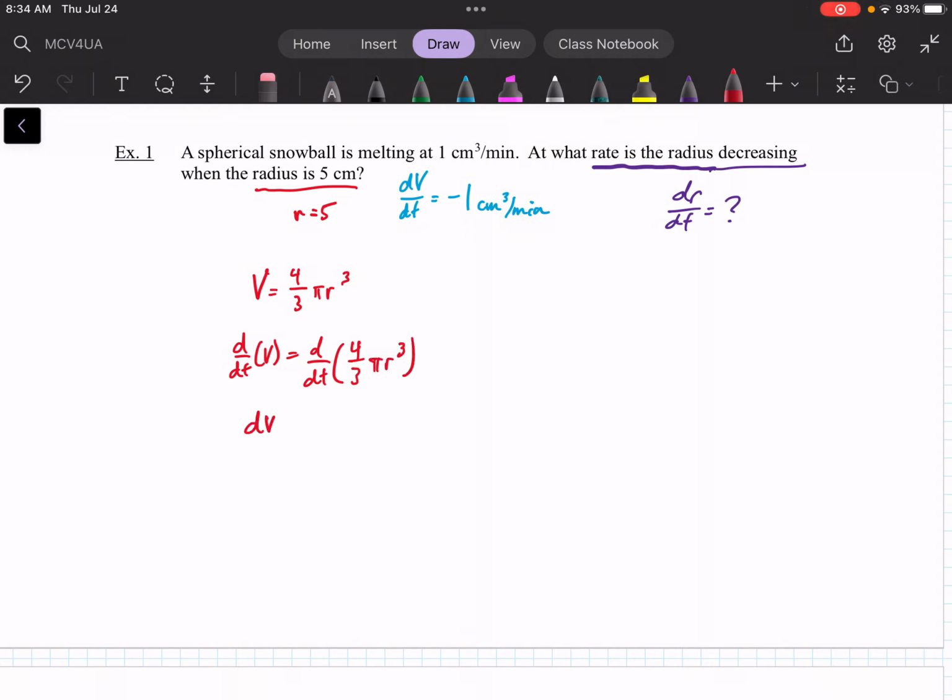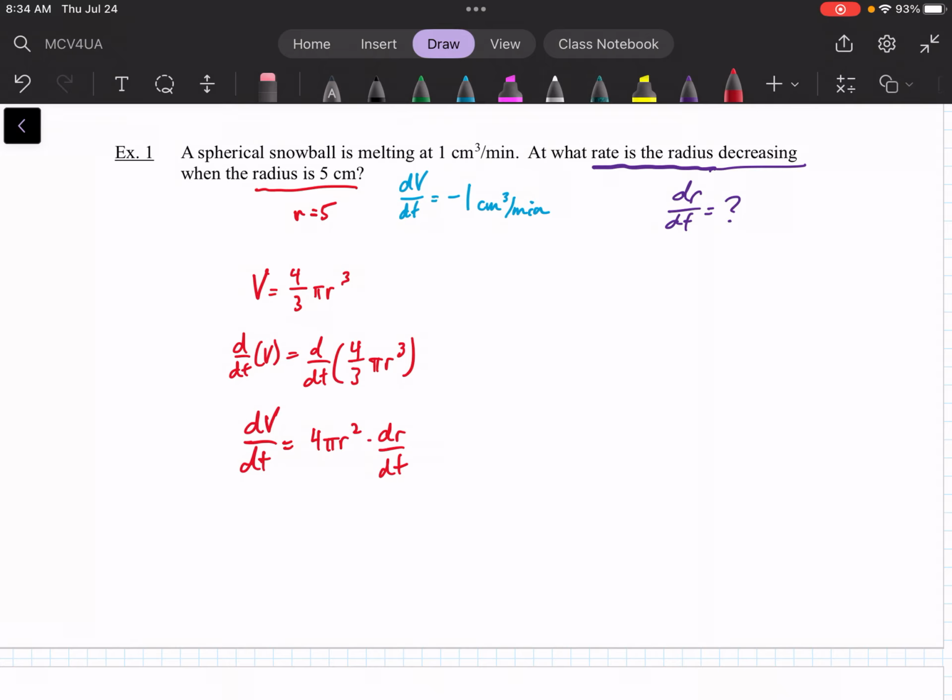This turns out to be dV/dt equals 4 pi r squared times dr/dt.